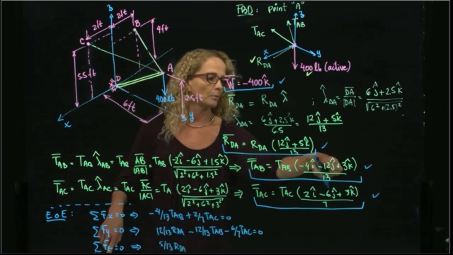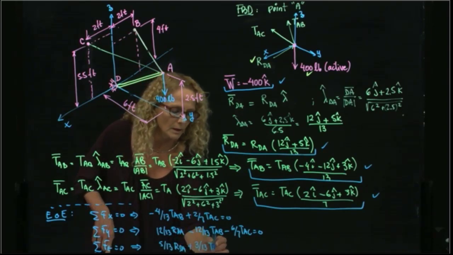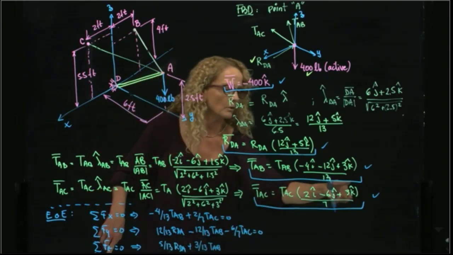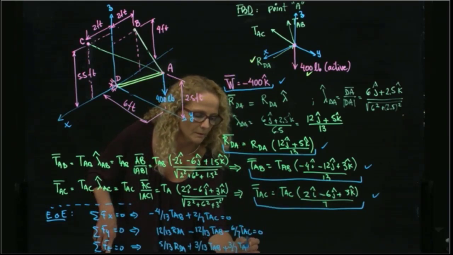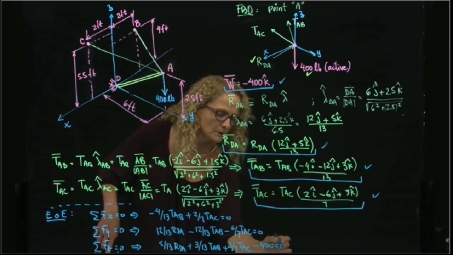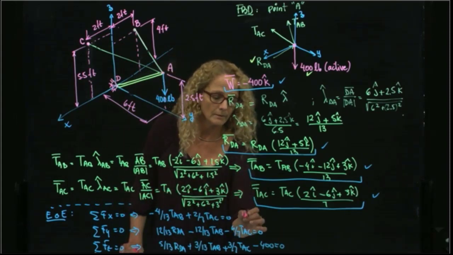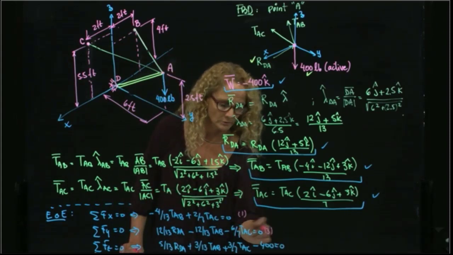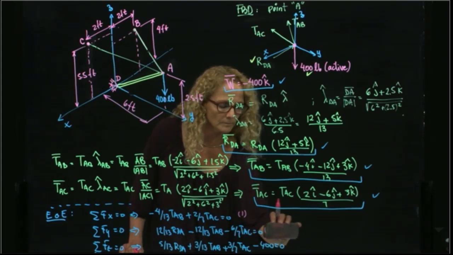This one over here is positive as well, positive 3 over 13 TAB. This is positive as well, plus 3 over 7 TAC minus the weight that I want to carry equals 0. So I was able to get 3 equations with 3 unknowns.